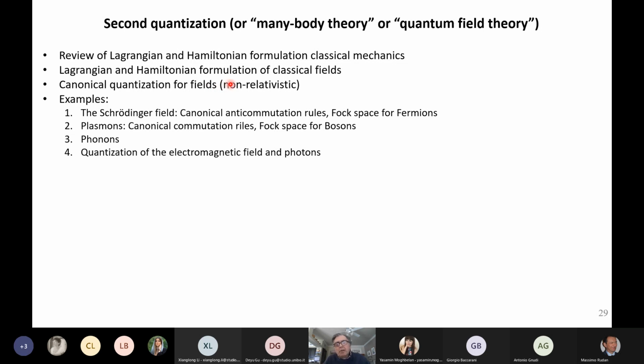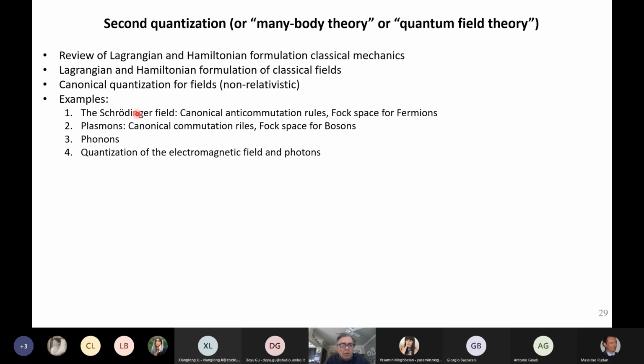You can probably find shortcuts, defining creation and annihilation operators in different ways, but this is the way that allows you to quantize any system you want, because you follow canonical quantization. Exactly the same reasons why canonical quantization for a system with a finite number of degrees of freedom is general. It allows you to quantize any such system.